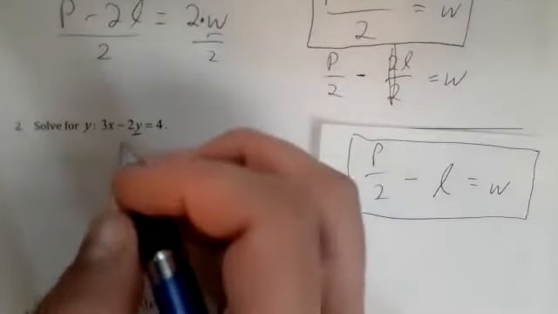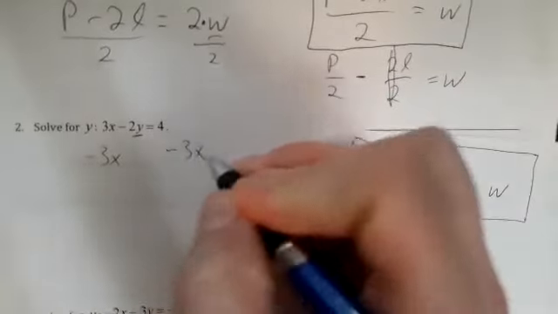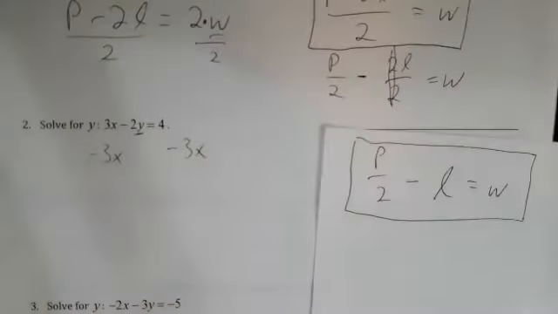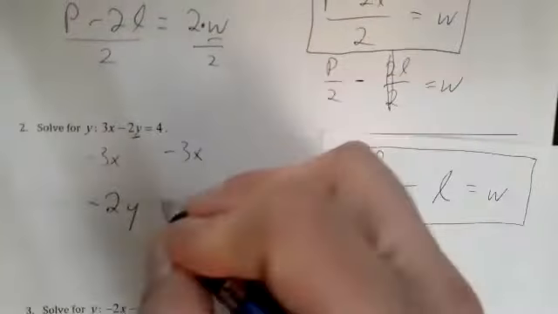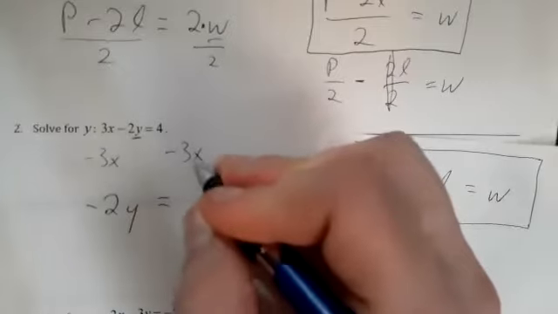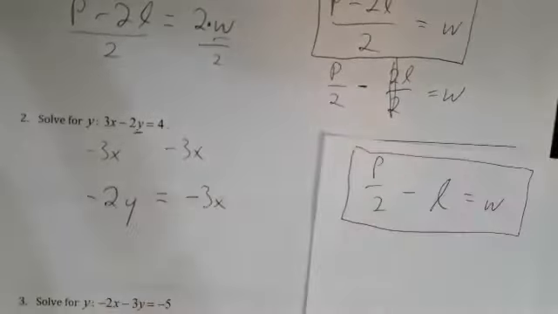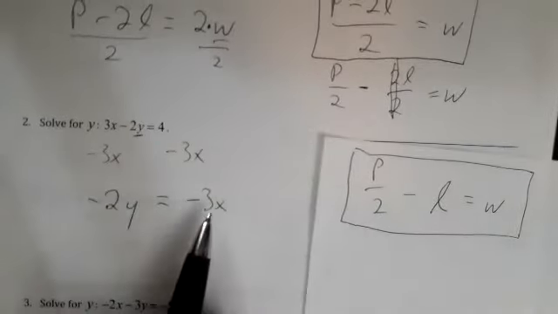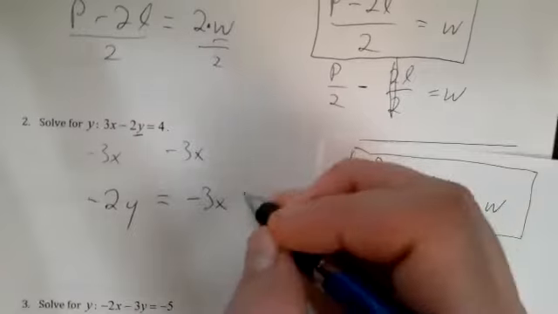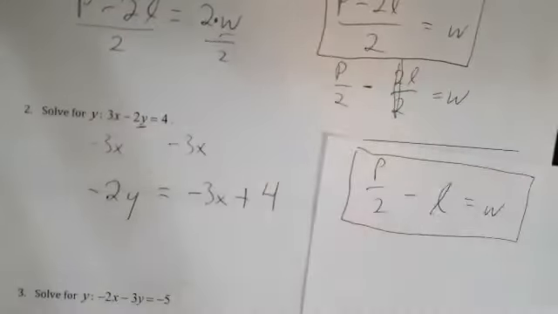This is a positive 3x, so we want to subtract 3x. If I subtract 3x, the left side is minus 2y. This is equal to, I'm going to lead with this term, so I'm going to put the minus 3x first. Instead of doing 4 minus 3x, I think I'm going to do minus 3x, and the operation is addition and subtraction, and I'm going to put plus 4.